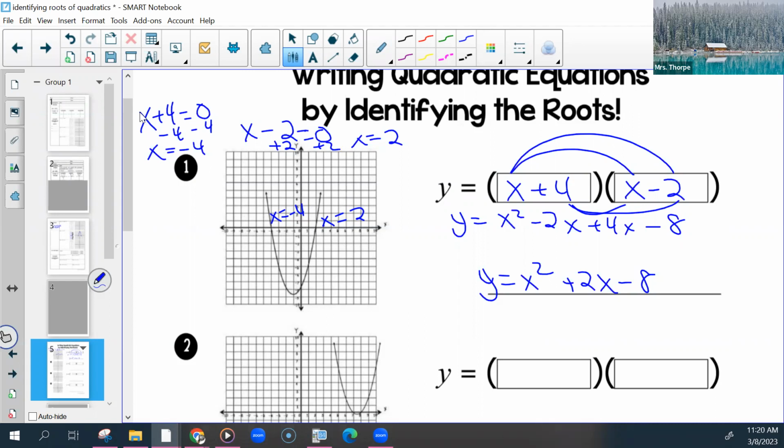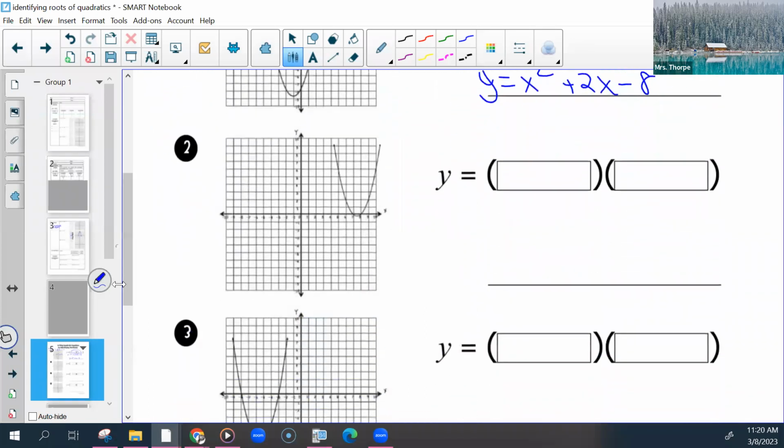So for the next 3 problems, we're really just going to focus on finding the zeros and putting them in factor form. You can do the multiplying part if you want, but it's not necessary. So for number 2, the zeros are really close together. What are those two?